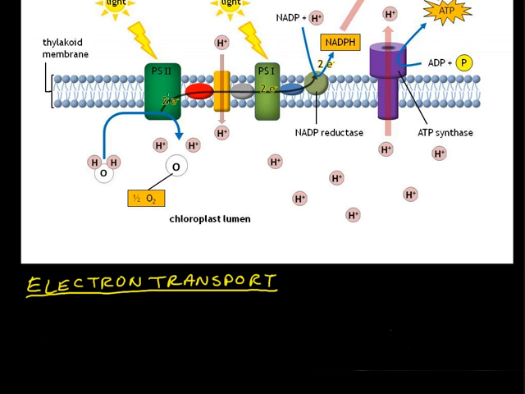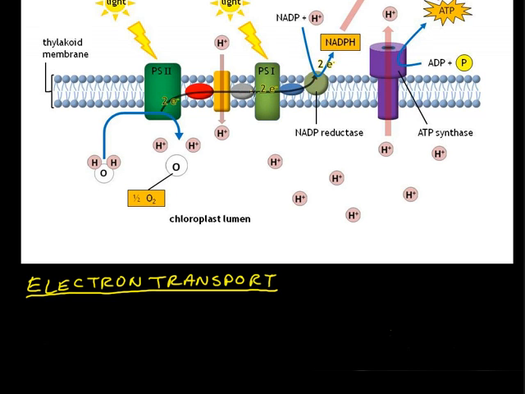Well, photosystem 2 can't hang on to them or it gets burned, and that's exactly what happens if it hangs on to them for too long. And so instead of doing that, it hands them off to this guy, this red circle here. The names of these aren't important to us for our purposes, just that these electrons get passed to this guy, who in turn passes it to this guy, this yellow one, who in turn passes it to this gray, blue, or whatever color you want to call that, and who's going to pass it to the next one.